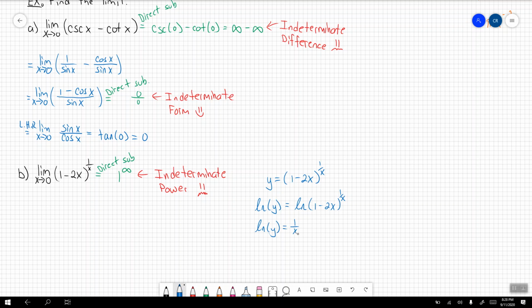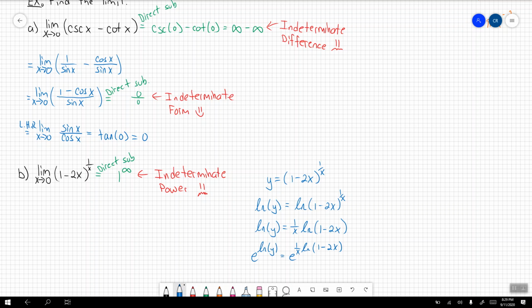So we get 1 over x multiplied by the natural log of 1 minus 2x. Okay, not too bad. Now, in order to undo this natural log on the left-hand side, I'm going to apply the power of e. So e to the power of natural log of y is equal to e to the power of 1 over x multiplied by the natural log of 1 minus 2x.